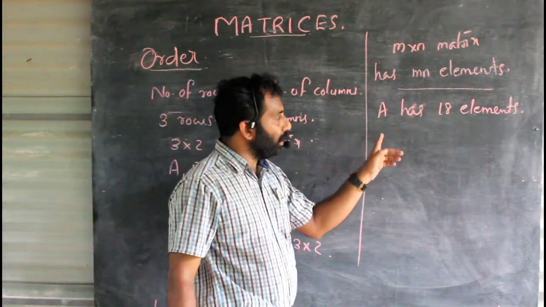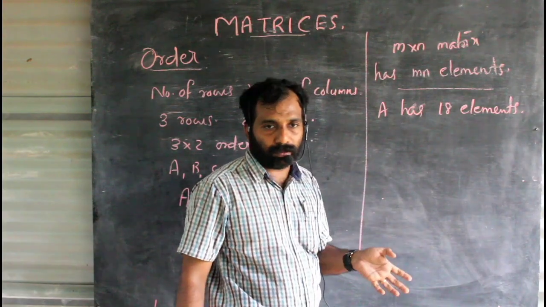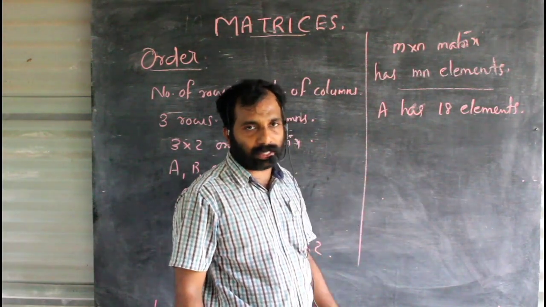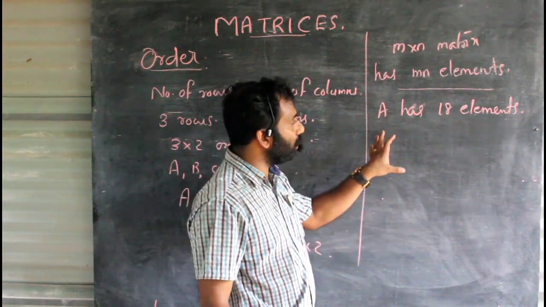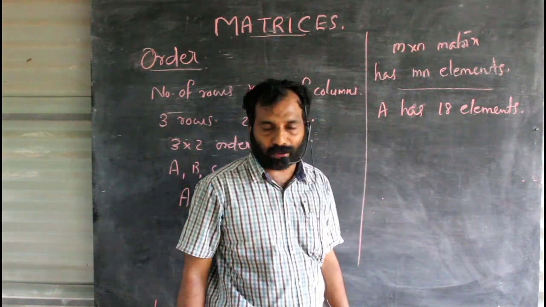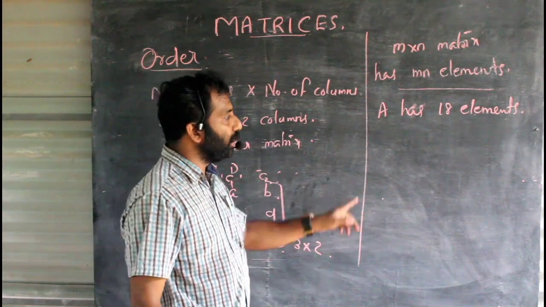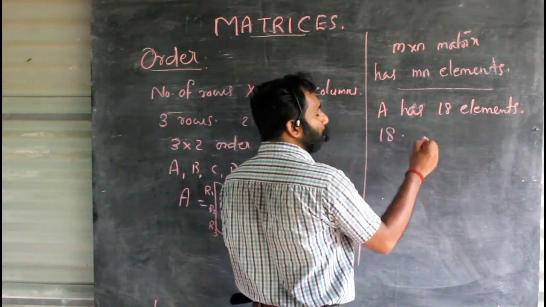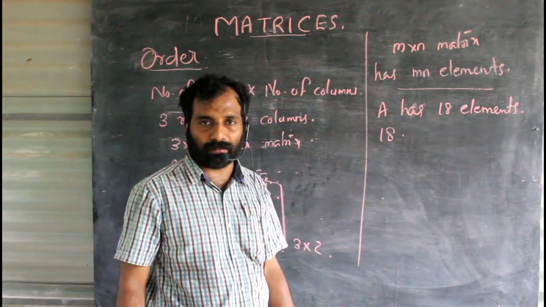The same way, there are 18 elements right now. Then what are the possible orders? Just find the factors of 18, or how we can represent the number 18 as the product of two natural numbers.